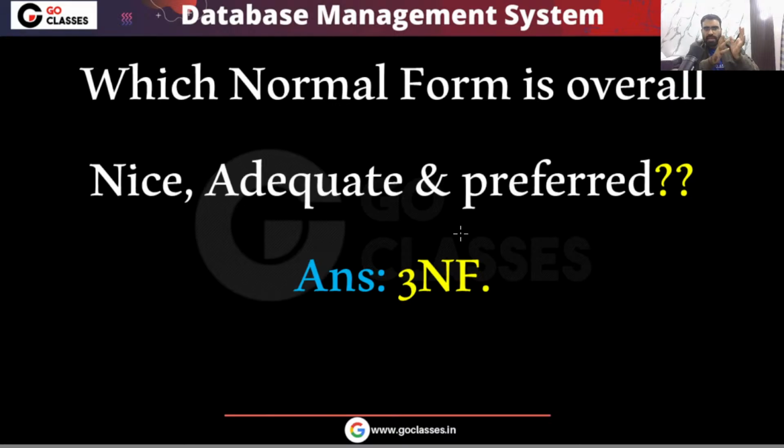You do not lose any functional dependency, you will get dependency preserving decomposition. So you can see 3NF is overall nice. But remember, if you go for BCNF, then you may lose dependencies. Yes or no? Functional dependencies you may lose. So that is the reason overall 3NF is preferred.